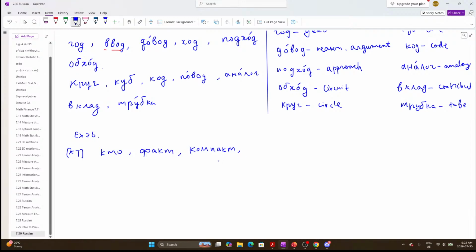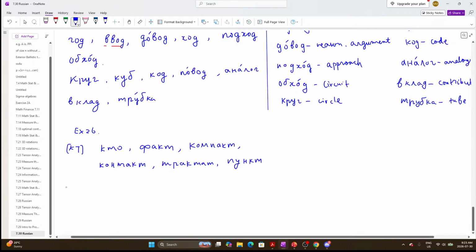Kontakt, contact, probably. Traktat. Punkt. Okay, this is new to me. Let's first finish reading, then take a look at the meaning.